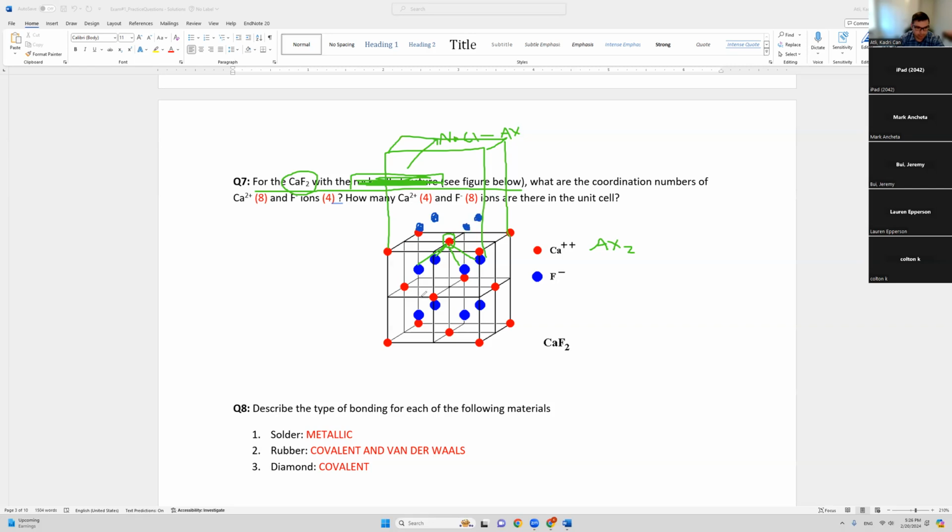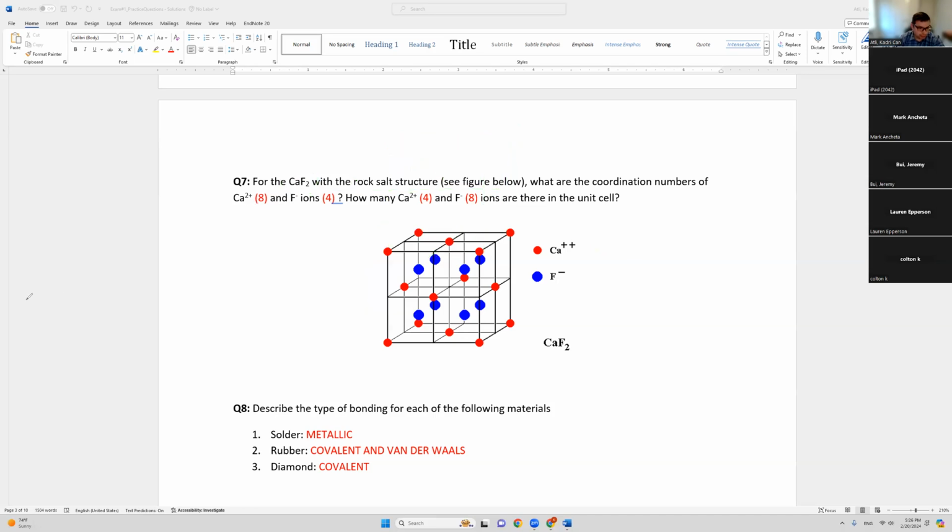Basically, I'm copying these atoms, so this calcium cation is also in contact with these 4 anions. All right. So the coordination number of calcium 2+ is 8.